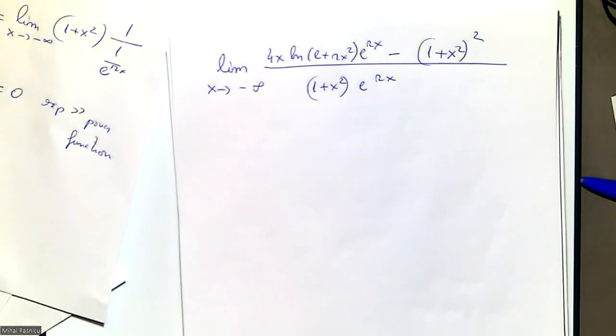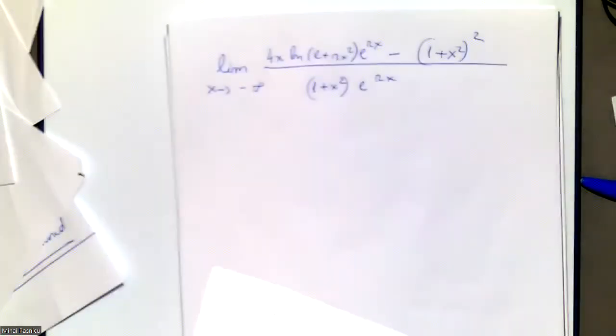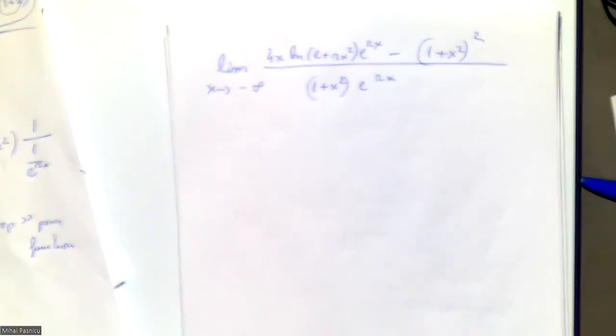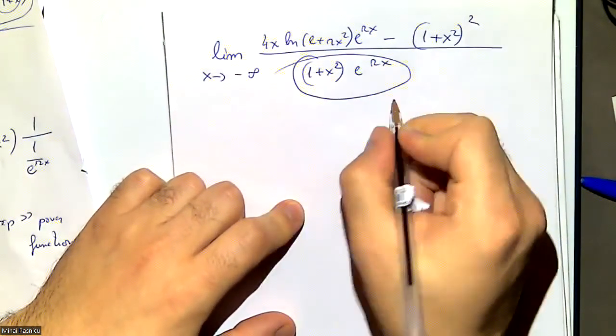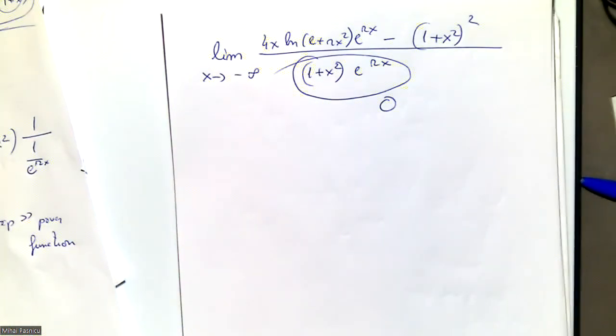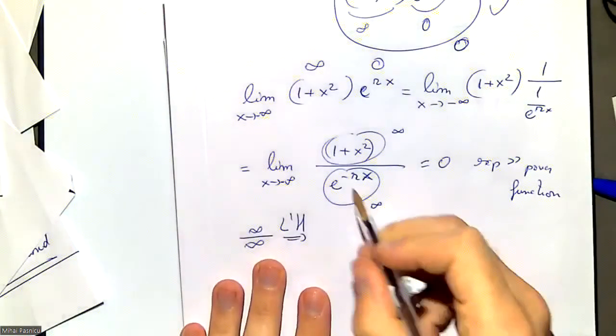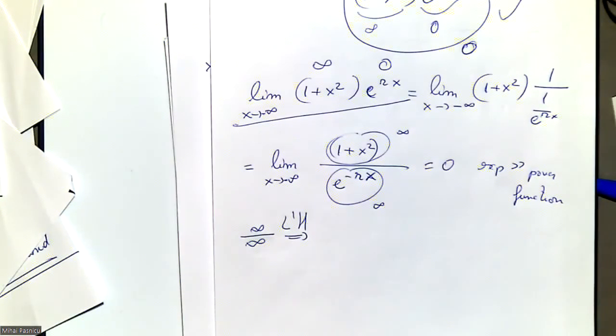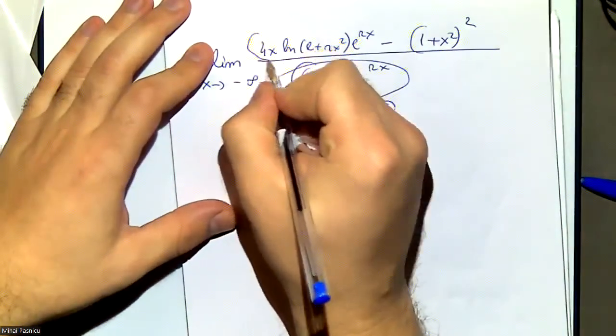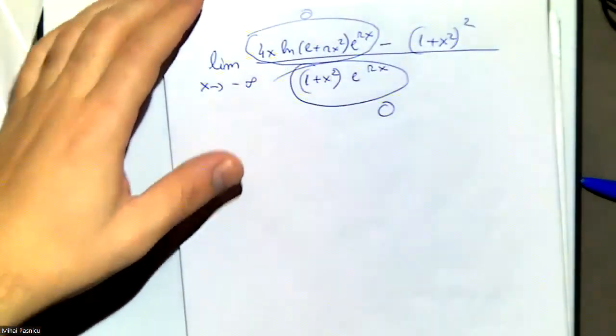Okay, this was it. I just copied it. Now, after my computation, after I just took the time to evaluate everything, what did I get? I get this goes to 0. I just showed it here. That goes to 0. This thing goes to 0.